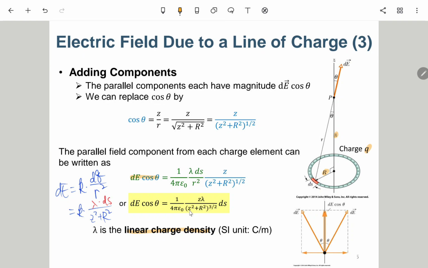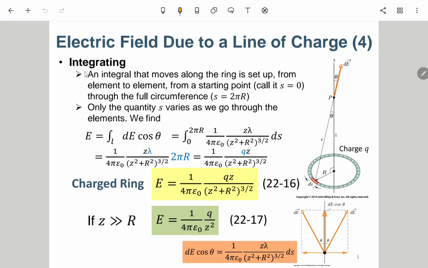And for the remaining stuff we have k, and then lambda ds times z. So we have z lambda ds, arranged like this. So we would like to integrate this dE cosine of theta, with the expression like this.